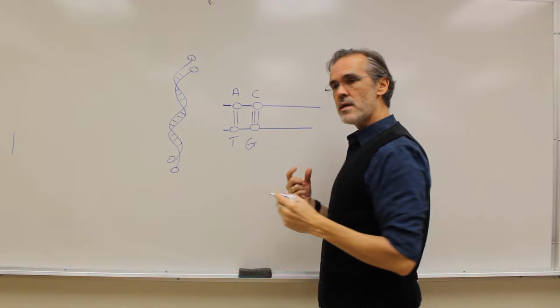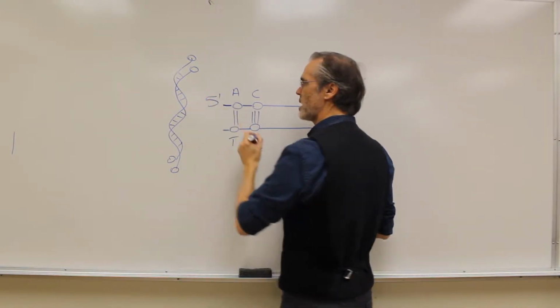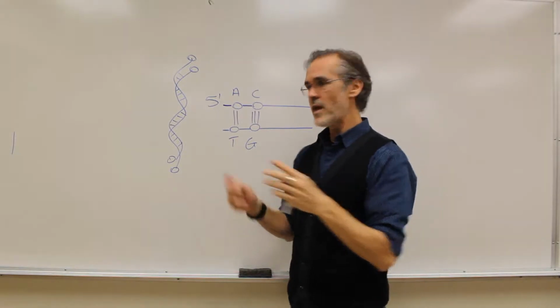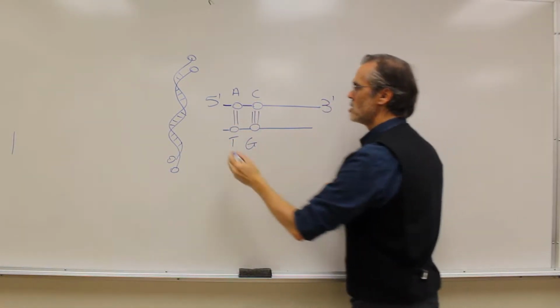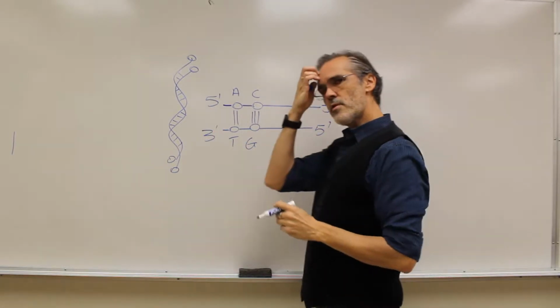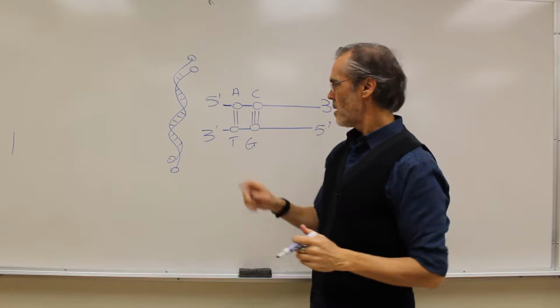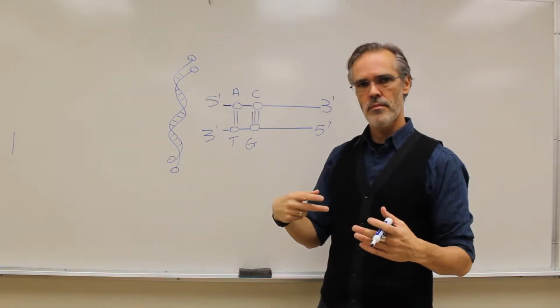What I want to say though is that in order to understand the direction of that DNA here, we use 2 numbers, and these numbers are 5 and 3, when we say 5 prime and then 3 prime.